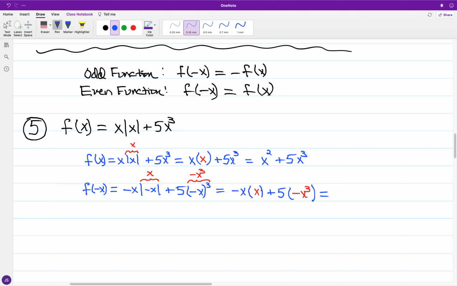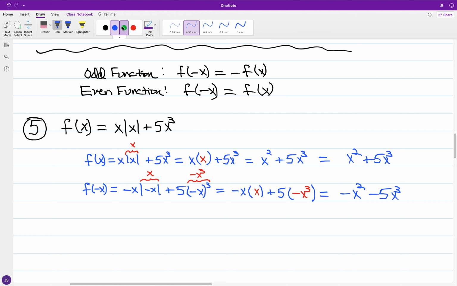So you have negative x times x, so we have negative x squared, and 5 times negative x cubed, so we have minus 5x cubed. Now I'm just going to repeat the output from f of x, so we have x squared plus 5x cubed.